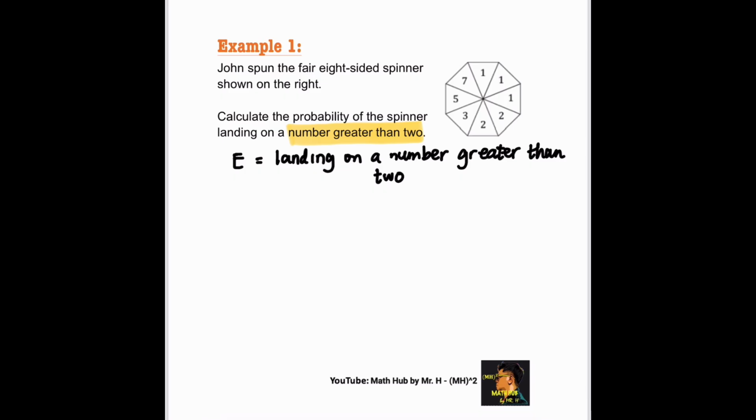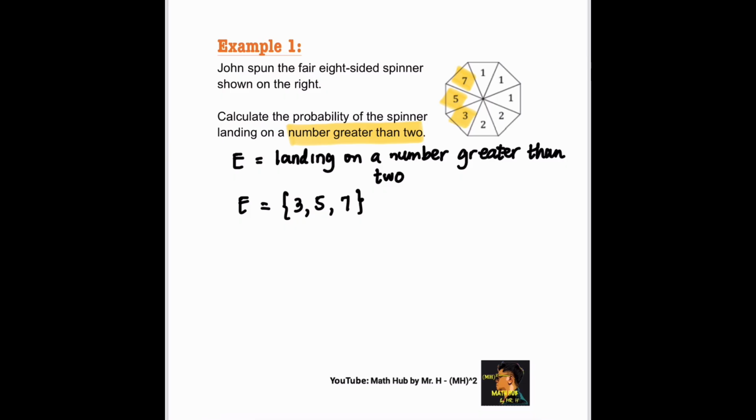After that, we need to take a look at the spinner and identify the numbers that are greater than 2. From the given spinner, the numbers that are greater than 2 are this one, 5, and 7. So you can list that down. The numbers that we highlighted on the spinner are the favorable outcomes, following the event, which is landing on a number greater than 2.